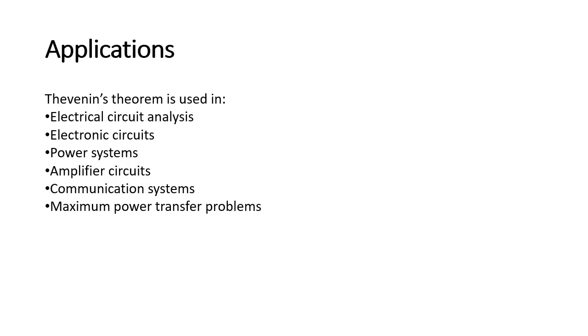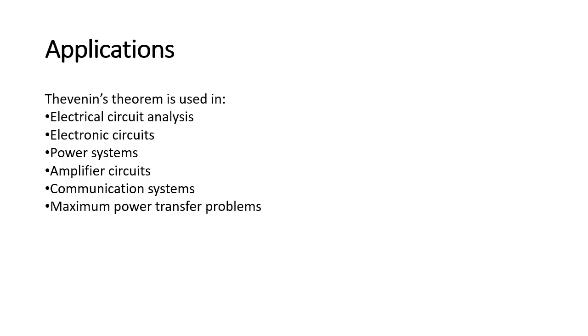Next, the applications of this Thevenin's theorem. It is applicable in electrical circuit analysis. It is used in electronic circuits. For power systems, power analysis also, this theorem is applicable. For amplifier circuit analysis also, it is helpful. And in communication systems also, this Thevenin's theorem is used.